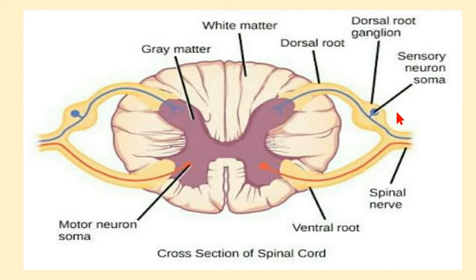Here is present the dorsal root ganglion, where the sensory neuron soma or cell bodies are present. The dendrite of the sensory neuron enters into the dorsal root. It transmits the nerve impulse towards the cell body, and then the axon transmits from the cell body to the gray matter of the spinal cord.